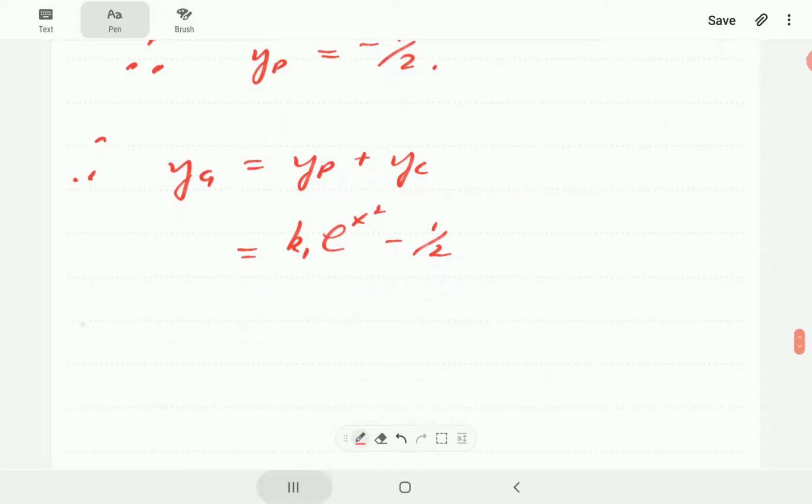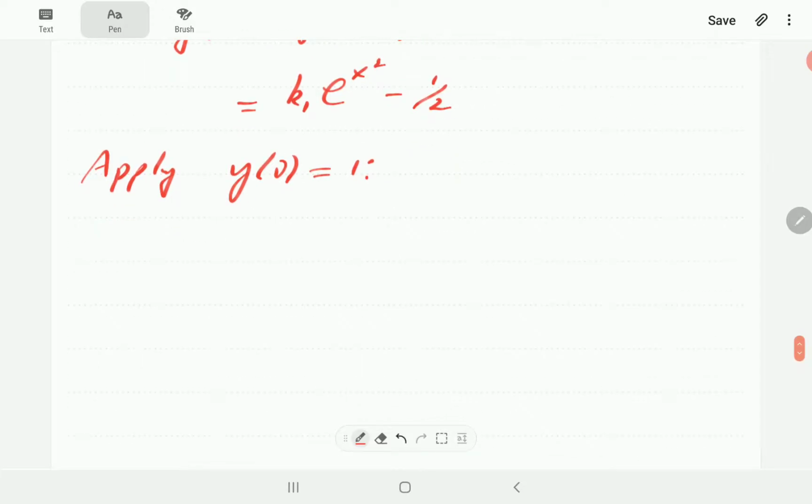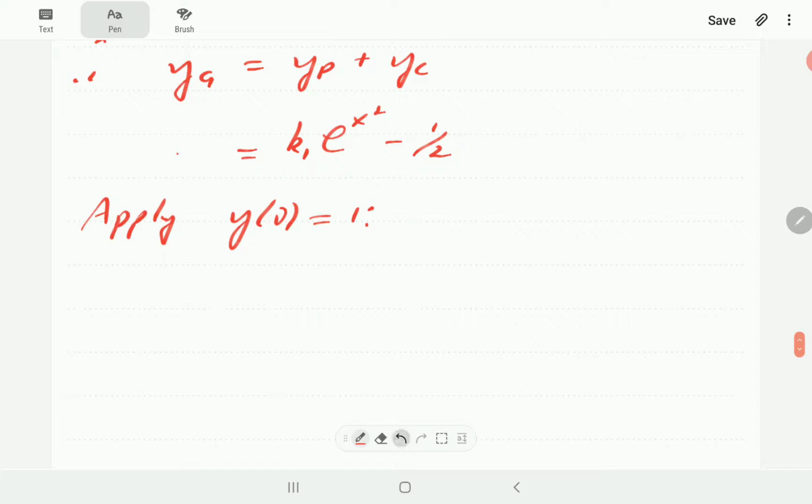Then we are going to apply the initial condition. So remember, when x is 0, y is 1. So on this side, we're going to have 1. And this side, we are going to have e to the power 0 minus 1/2.